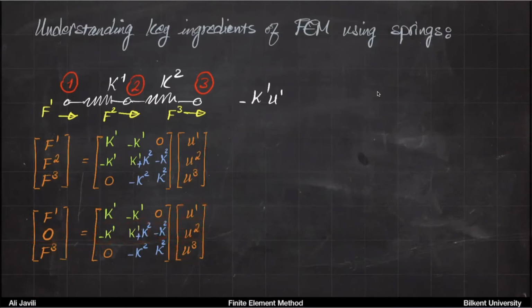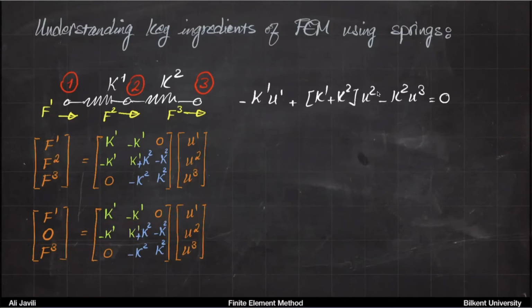That's what we want to write. So minus K1 U1 plus (K1 plus K2) times U2 minus K2 U3 is 0.